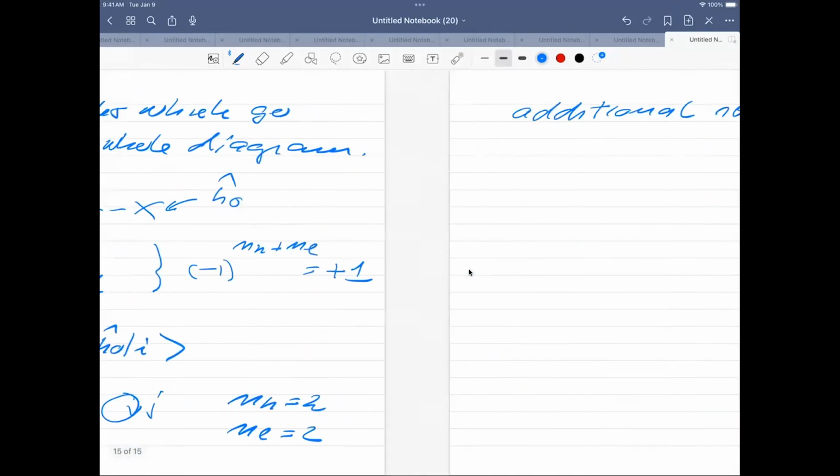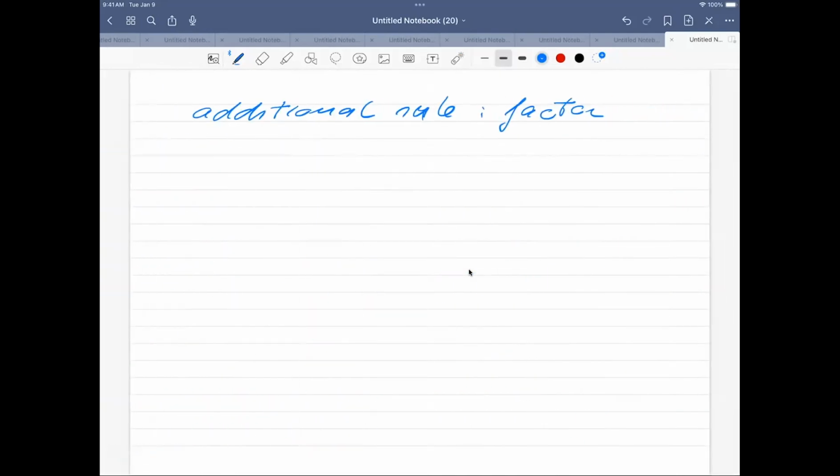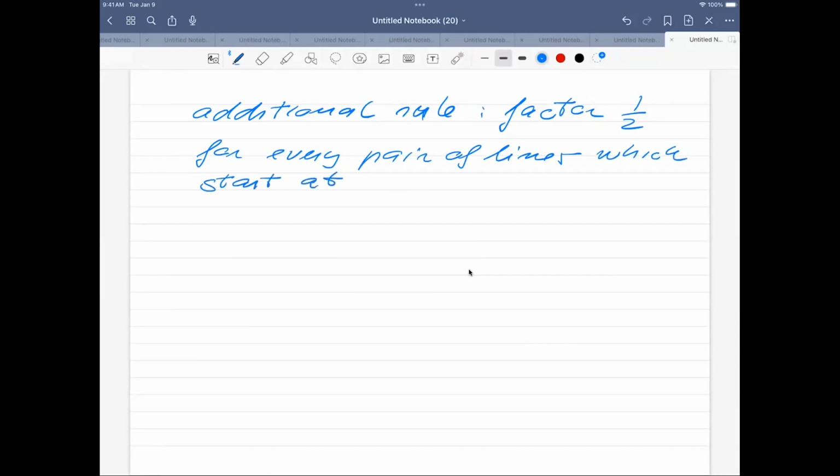But if we sum freely, we get an additional rule. So the factor of a half for every pair of fermions or pair of lines, and they have to be either particles or holes, they have to be the same, which start at the same vertex and end at the same vertex.